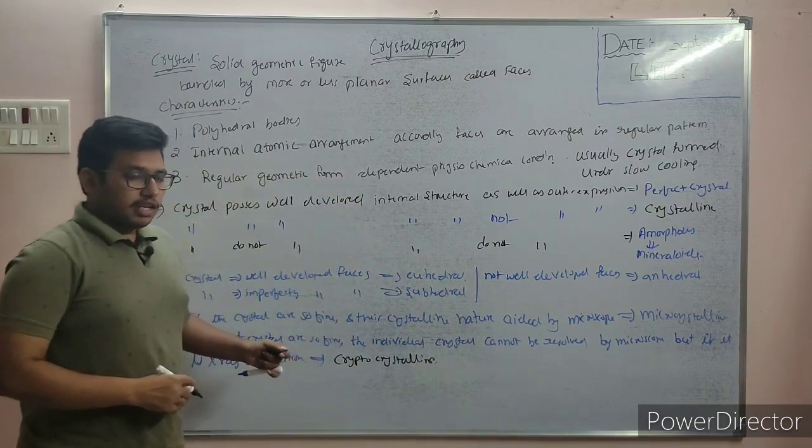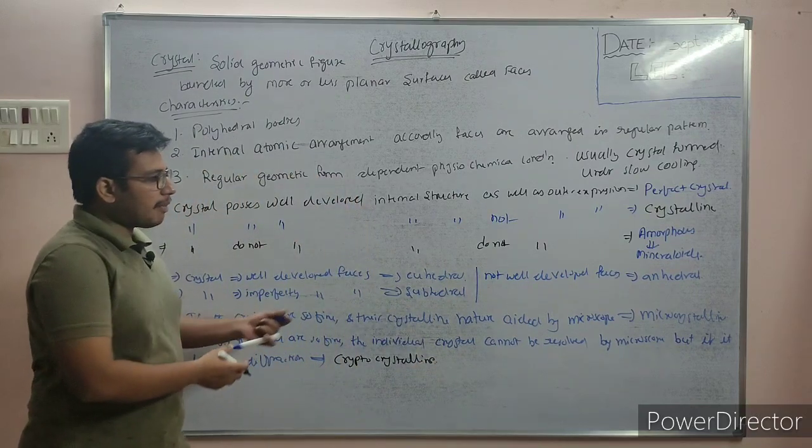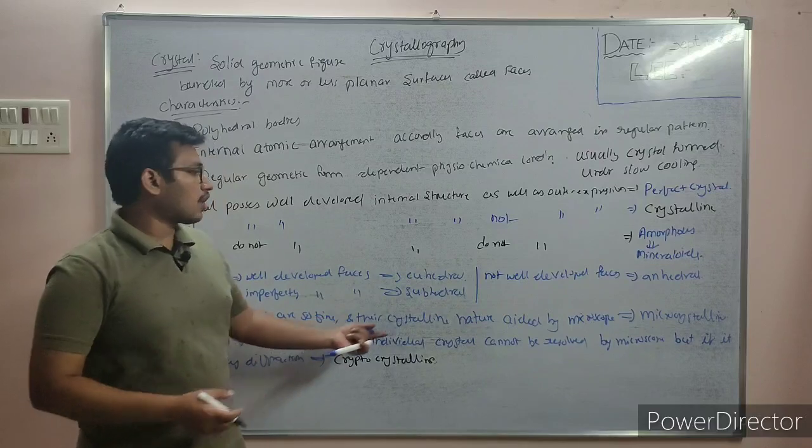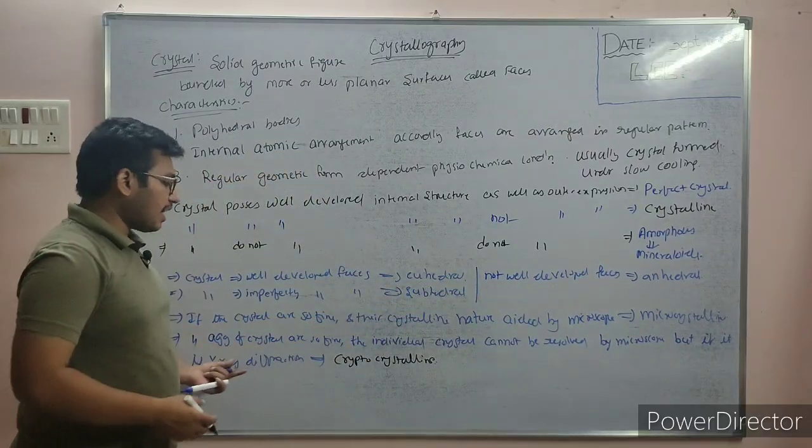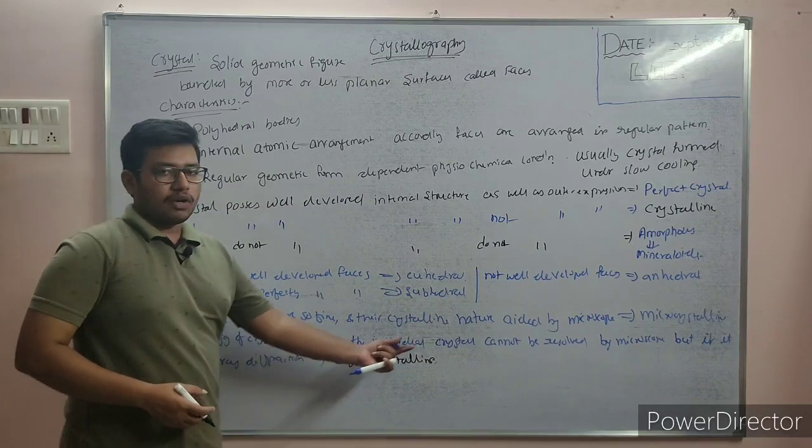Understood? If the crystalline nature can be aided by microscope, these substances are called microcrystalline. If the crystalline nature can be aided by X-ray diffraction technique, those are called cryptocrystalline.